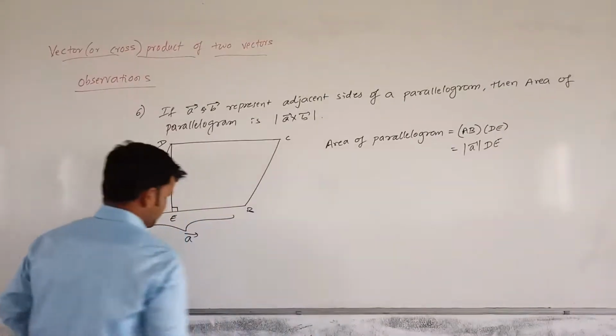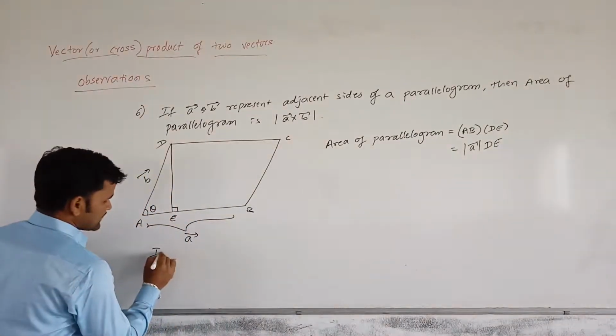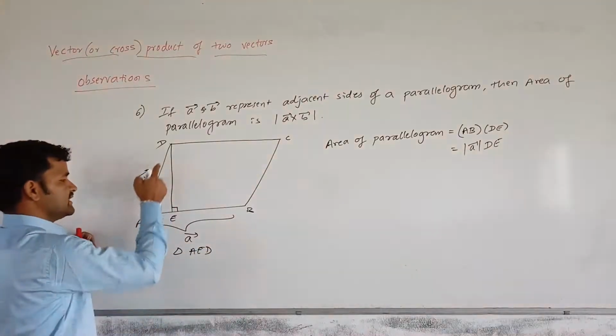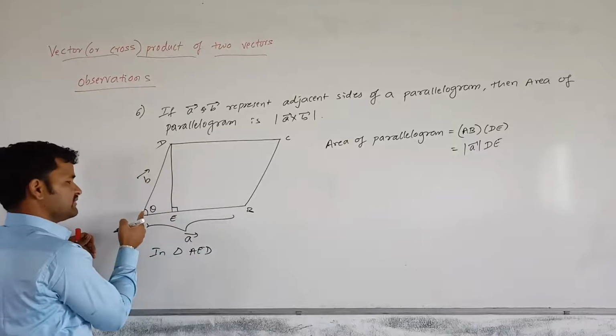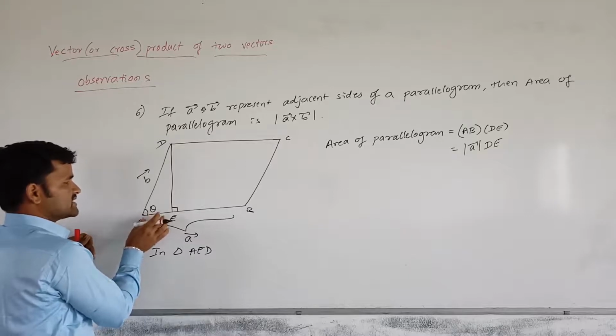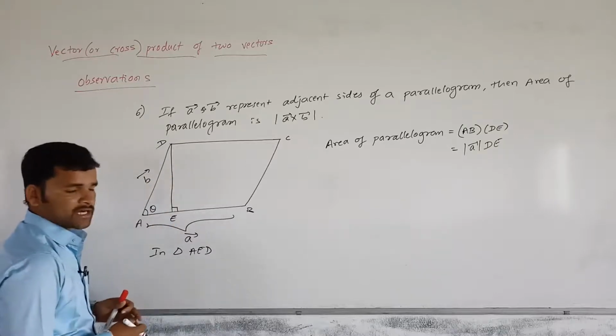Now, DE. In the triangle AED, E is 90 degrees, which means AD will be the hypotenuse. Theta is at the vertex A, so AE will be the adjacent side and DE will be the opposite side.